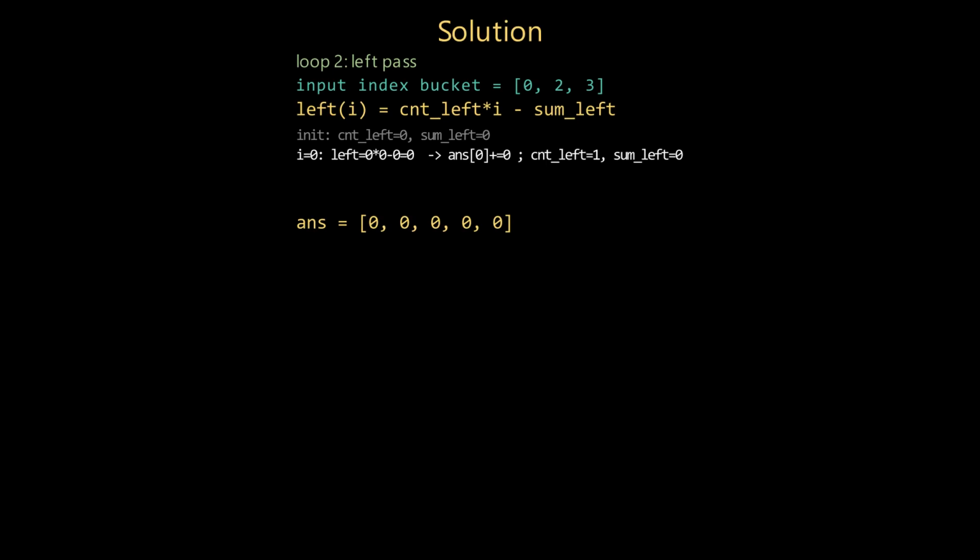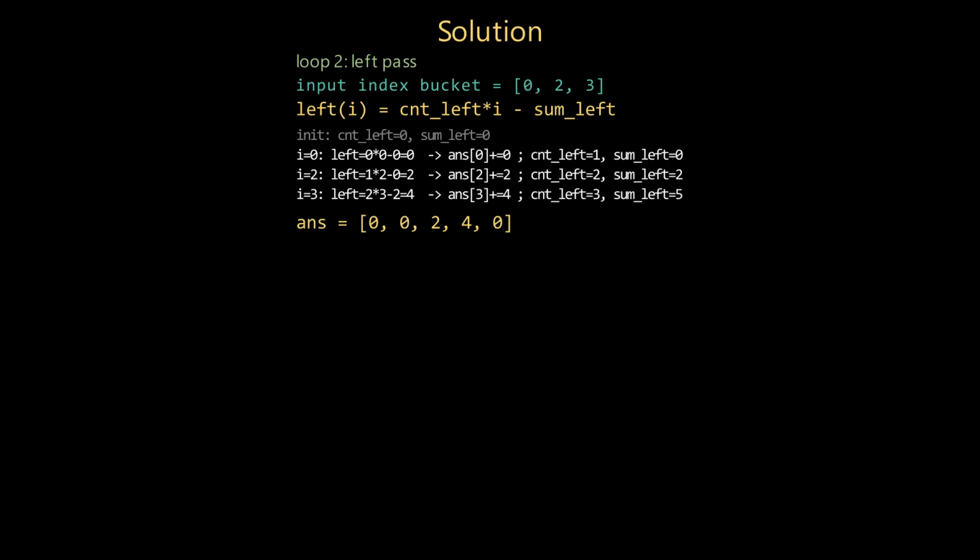Left is 0 times 0 minus 0, so add 0 to answer at index 0. Step i equals 2. Left is 1 times 2 minus 0, so add 2 to answer at index 2. Step i equals 3. Left is 2 times 3 minus 2, so add 4 to answer at index 3.